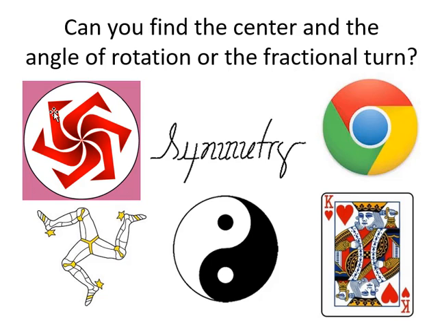Fourth, fifth, and sixth, and we're back to its original spot. So it has 360 degrees divided by 6 is 60-degree rotational symmetry, or we could just simply say 1/6 of a turn rotational symmetry.